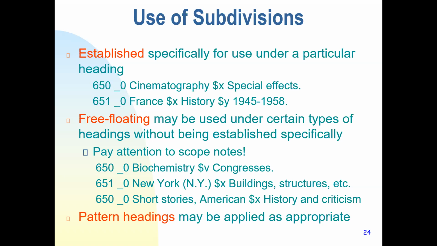And other times you actually have to create the string yourself, by looking at the subdivision authority records and the topical terms and deciding what you can add on to that. So you can look at scope notes usually to figure out how to use it. And of course, you have to look at the fixed field elements, especially whether you can subdivide geographically and how it can be used.